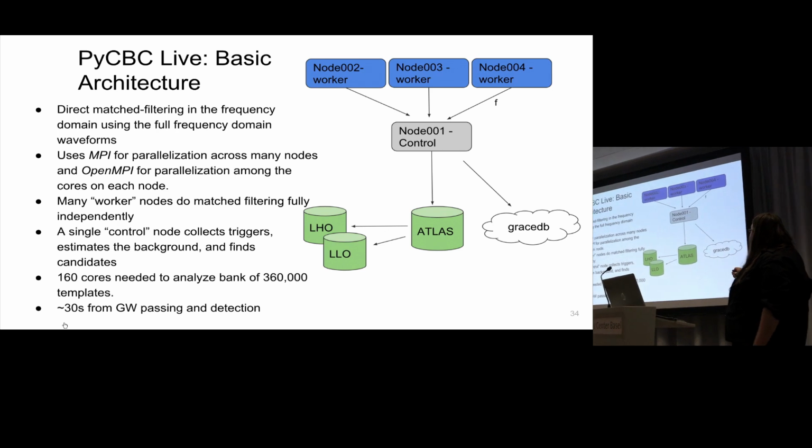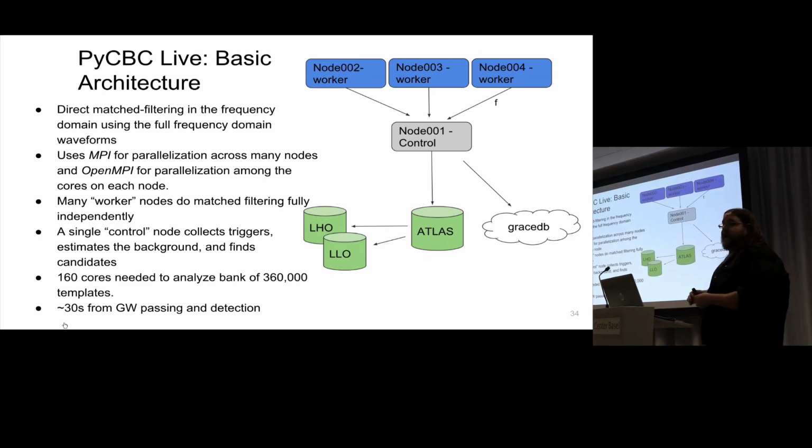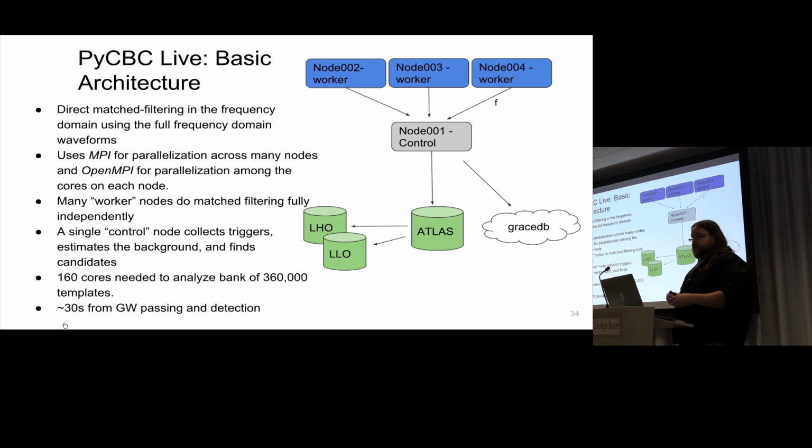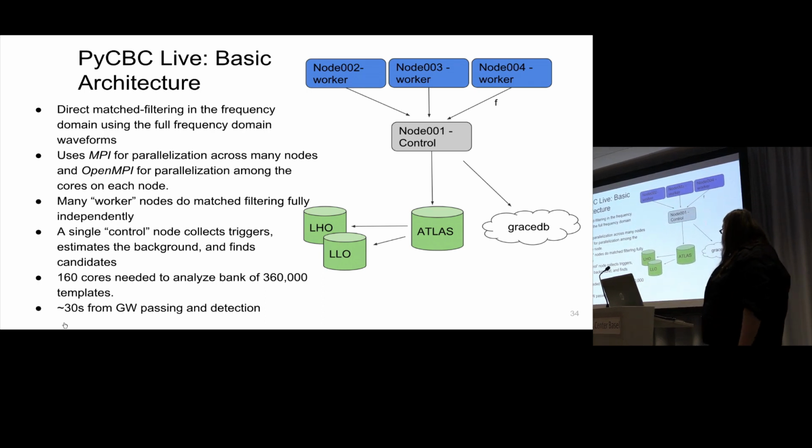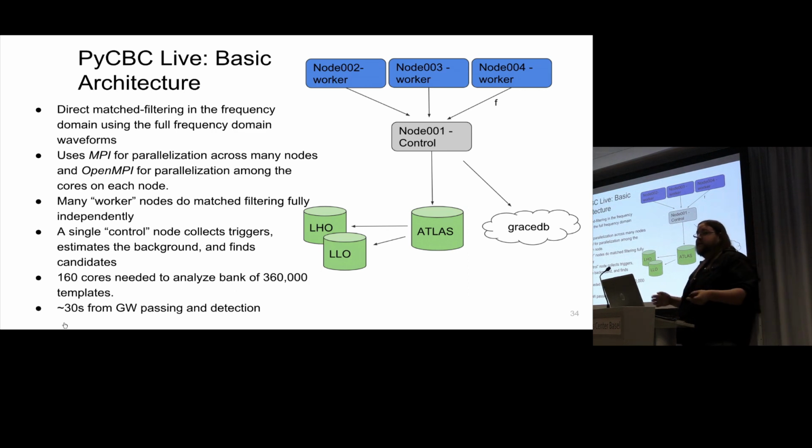Each of these nodes is doing a symmetric operation. They're just matched filtering a particular portion of the template bank, looking for a certain set of signals. They report back results to a central place, which we then collect together, see if there's anything interesting, and then submit it on to our central server, which will then alert astronomers if there's anything interesting.